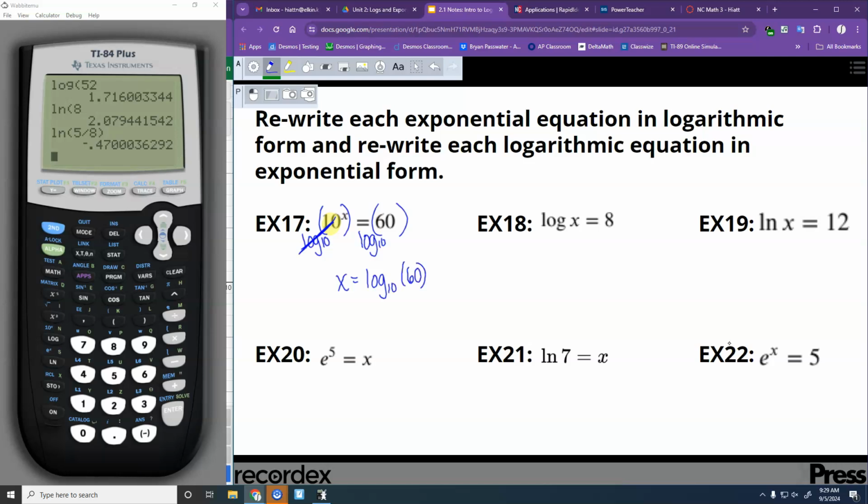But I just told you that 10 was a special one, right? So do I have to write the 10 there? If I write it this way, log 60, that's equivalent. That's the same thing, because if there's no base written at all, it's assumed to be 10. So both of these are correct.